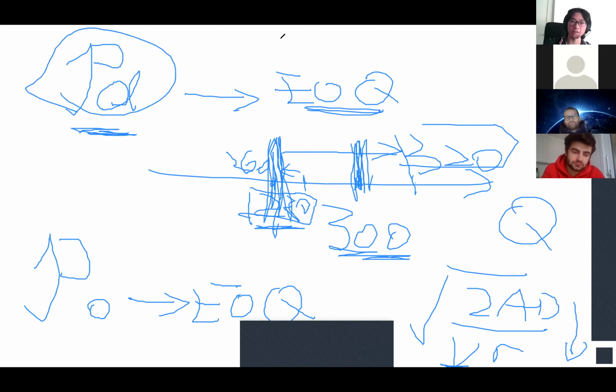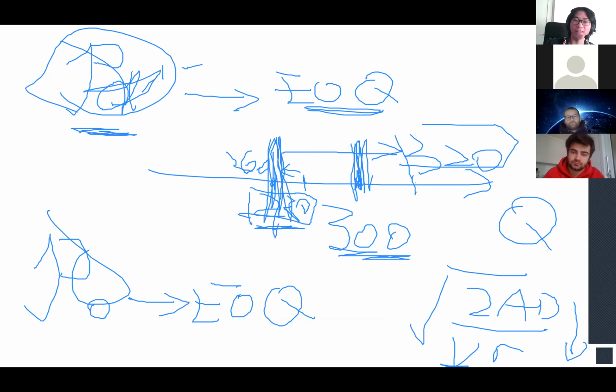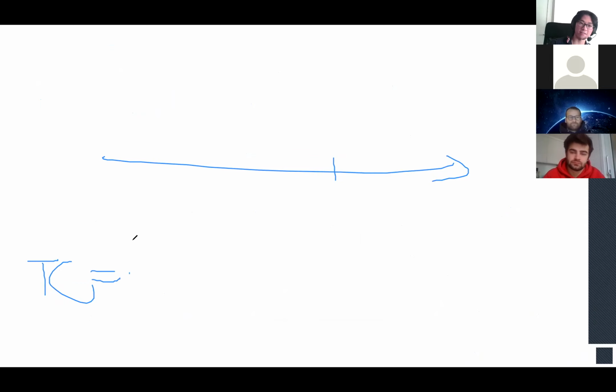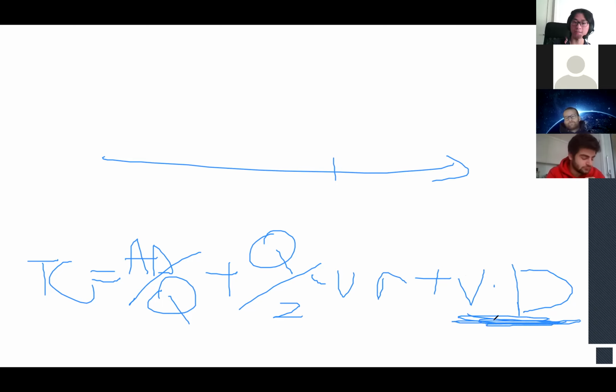And remember, I'll just clear this. The formula for our total cost is AD divided by Q plus the holding cost, plus a third cost in this occasion, which is V times D, our purchasing cost.